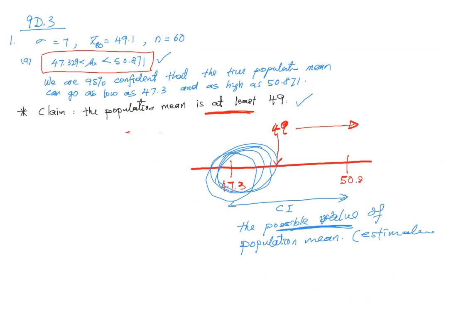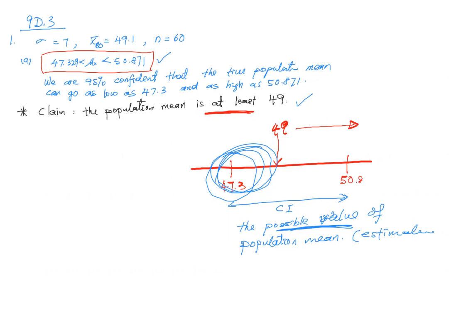Are you okay? So Jian, would you like to re-justify the claim? There is sufficient evidence to reject this claim as the lowest possible value of the population mean is 47.329, which is less than 49.